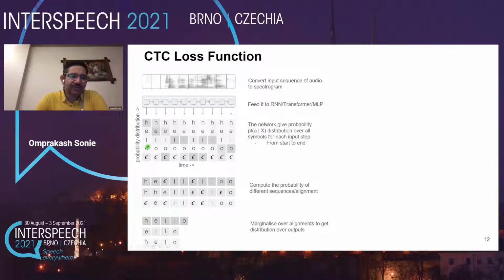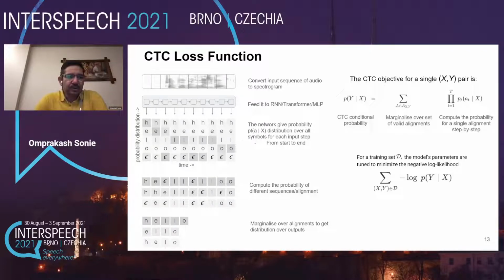Here, let's say the first was H, the second was H and E, and later on it was LL, etc. Then you take each of the segments where the probabilities are high, put them together, and marginalize them. Then you identify what characters or phonemes were actually spoken, and try to identify what the word was. Again, I'll skip this for right now.